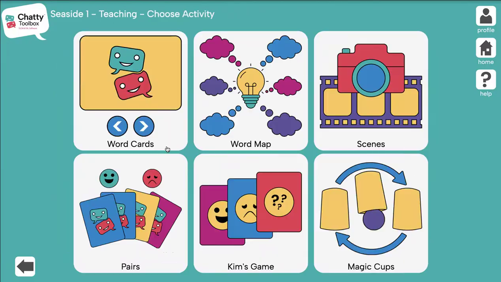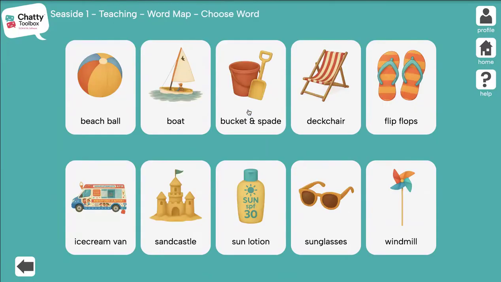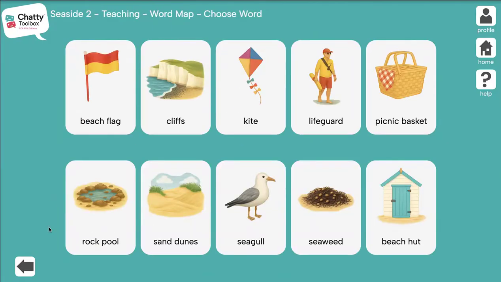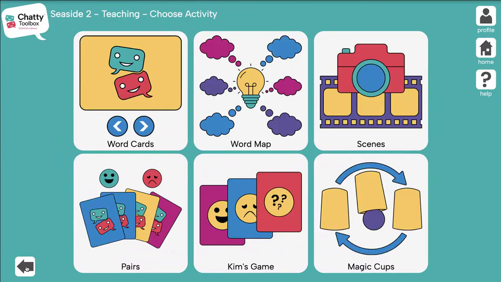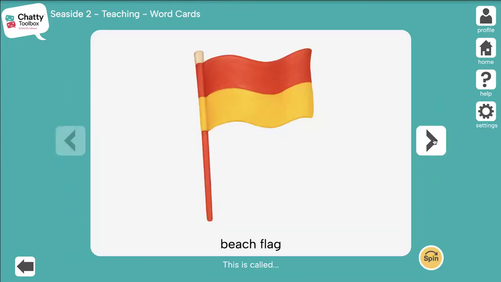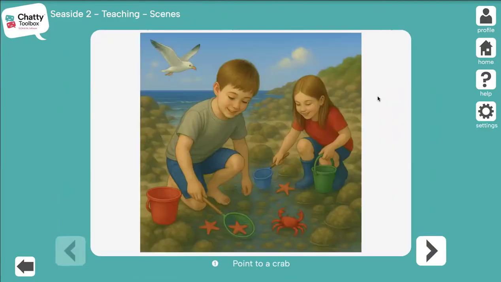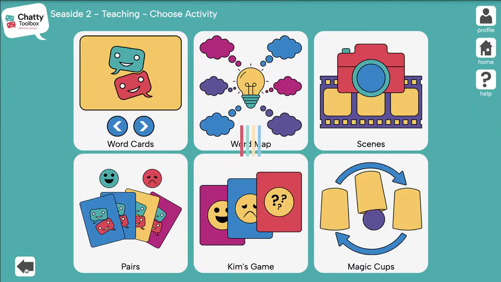Let's go into seaside. 2 sets of vocabulary. Easier words. Slightly harder words. But we're covering lots of language and vocabulary in there. You can look at any one on a big scale. The usual teaching. And then you've got a nice composite picture for discussion. They're crabbing or rock pooling.